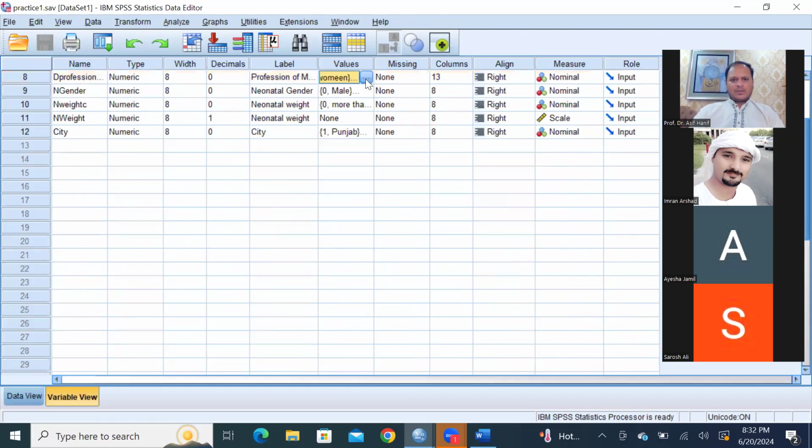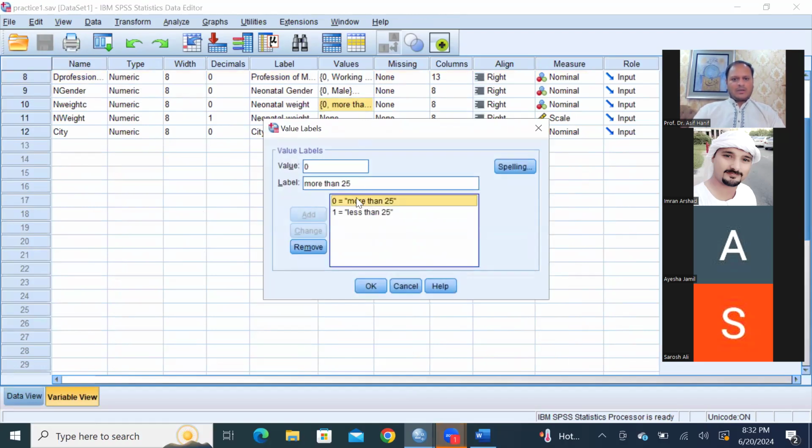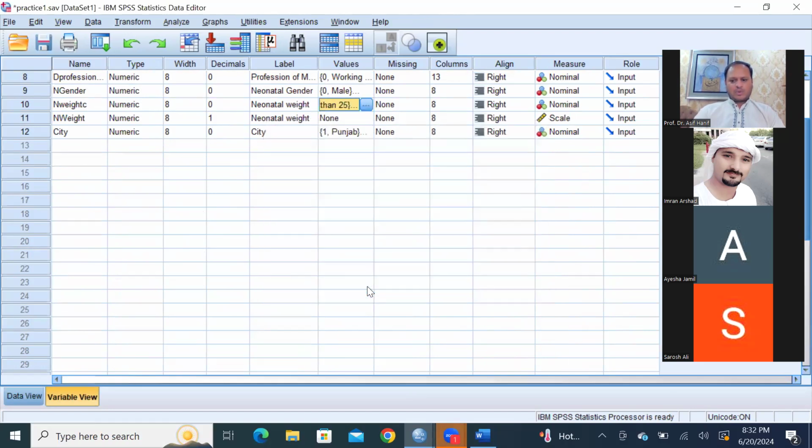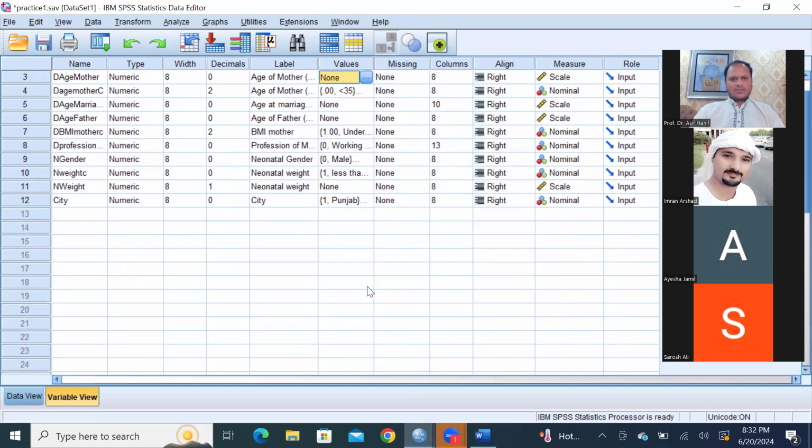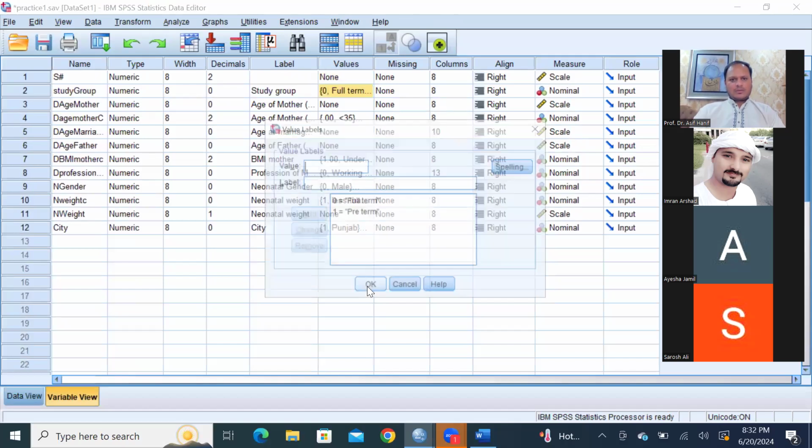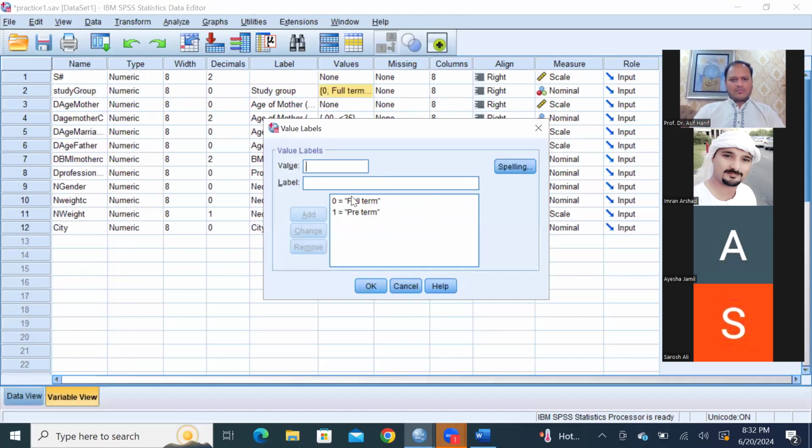For example, low birth weight, I will make this as 2. I have changed the code, and for preterm birth, I will also make full term as 2.